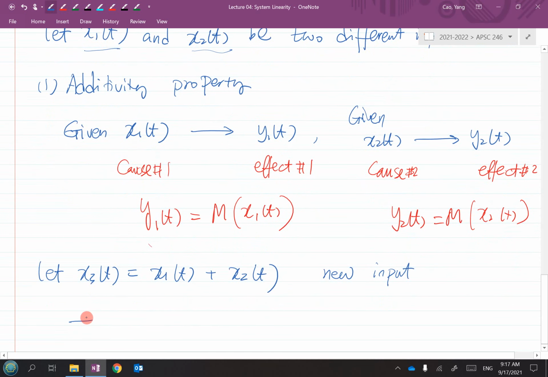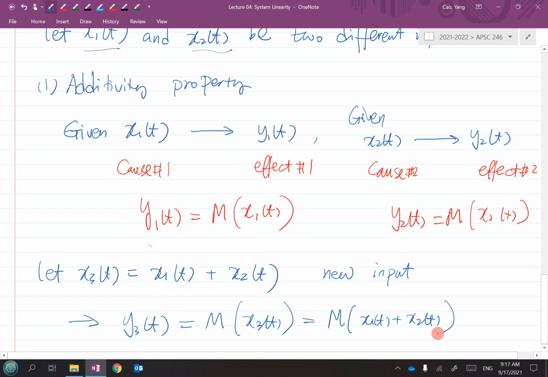Then, given this new input, what will be the new output? Of course, you can immediately write it down using the operator symbol: y3 of t equals M of x3 of t. We have defined x3 of t as x1 of t plus x2 of t, so your new output is based on the new input. So far, so good, right?